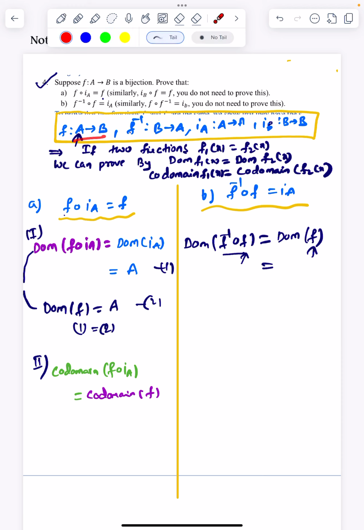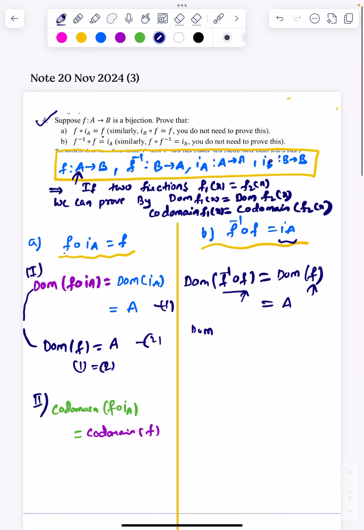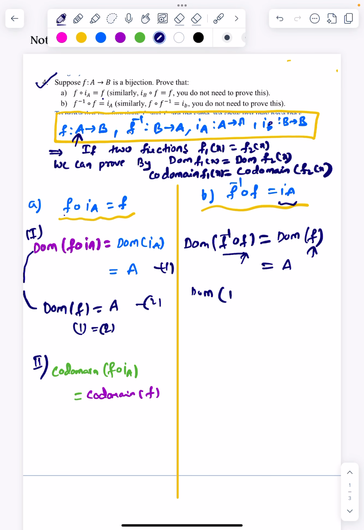We know f is a function from A to B, so the domain value is the set A. Now I take the domain of the identity function I_A, which is A only. From these two, both functions have the same domain.